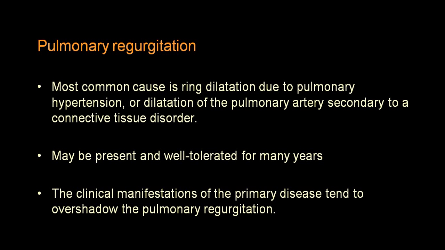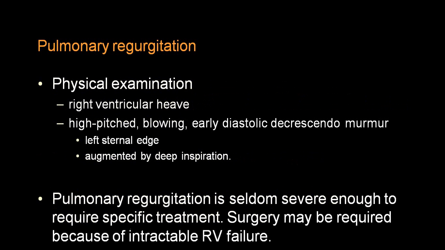So it usually follows a big dilatation of the right ventricular chamber. In pulmonary regurgitation you can get an early diastolic decrescendo murmur heard best in the pulmonary area. There will be a right ventricular heave and a huge enlargement of the right ventricle, and usually it requires a pulmonary valve replacement.